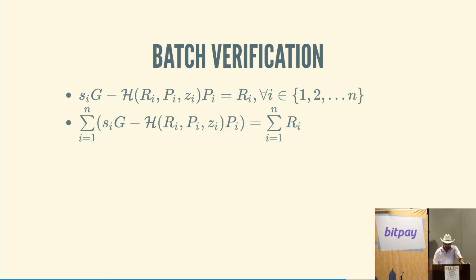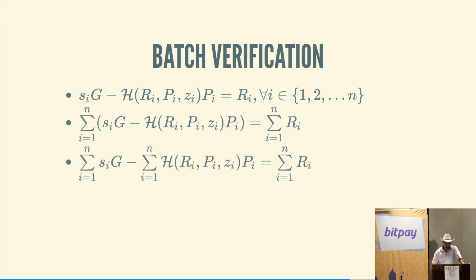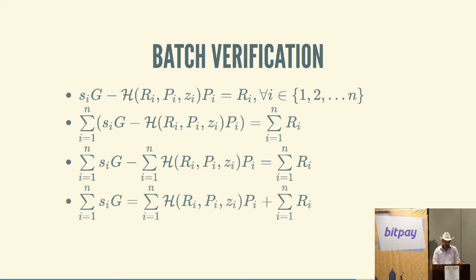And you can check this, and you can move some of the terms around, and you can get this equation at the end. And the key to the efficiency of this particular equation is that the left side is just modulo arithmetic, and you just add up all the little s's.